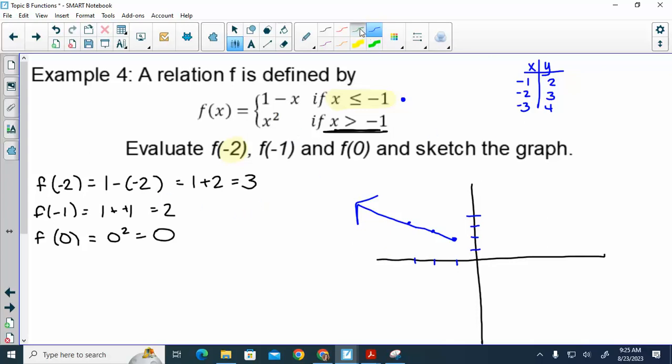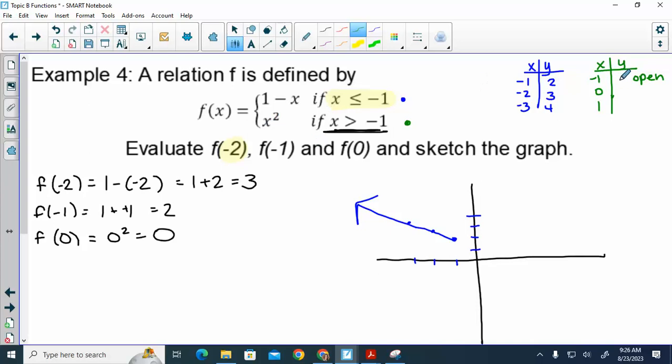Second piece. We still have to start with -1 when we want things larger, but what's going to happen when I put the -1 on my graph? It'll be open because it didn't have an equal to.